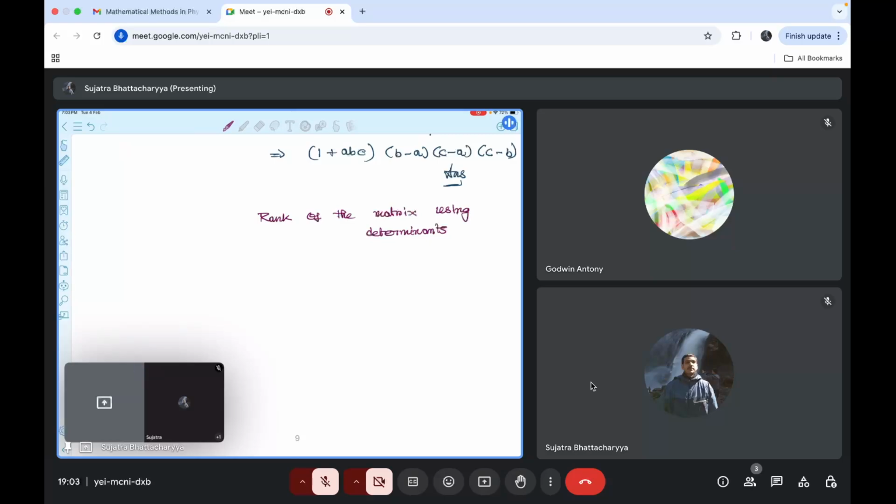So how it is defined is that the rank of the matrix is the order of the largest square submatrix with non-zero determinant.